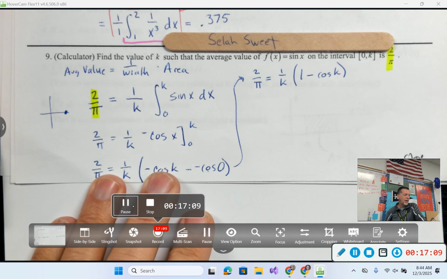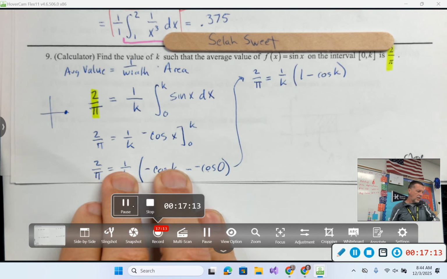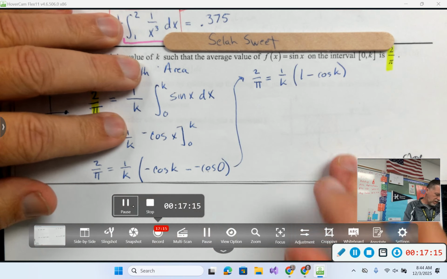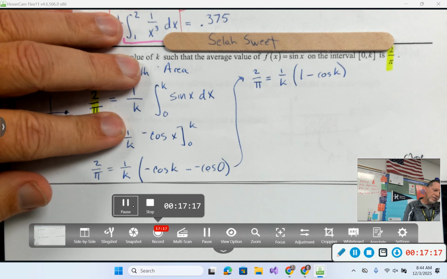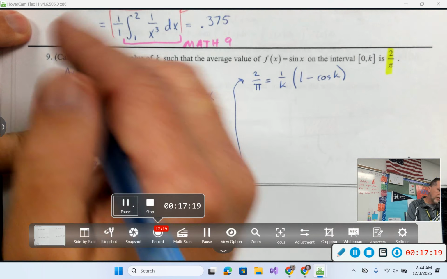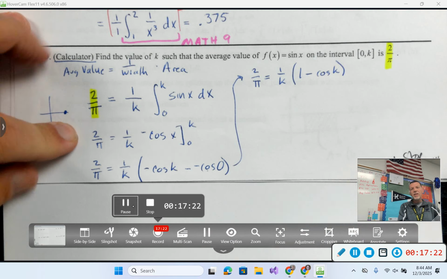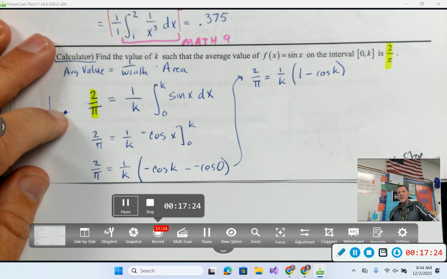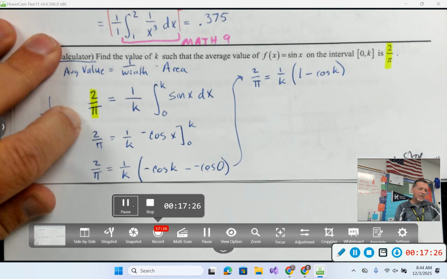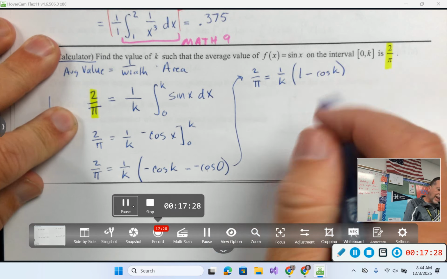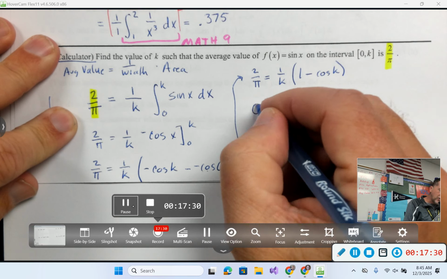Trying to figure out what k is from that. I do have a calculator, so that's helpful. I'm going to let the calculator find this. There's a couple different algebra ways to do this.